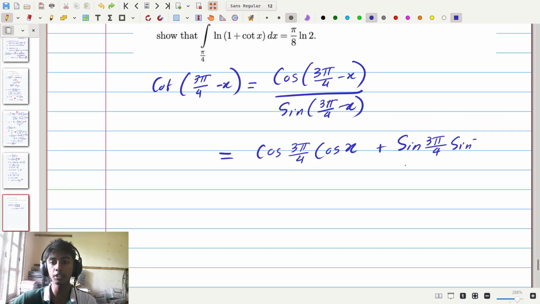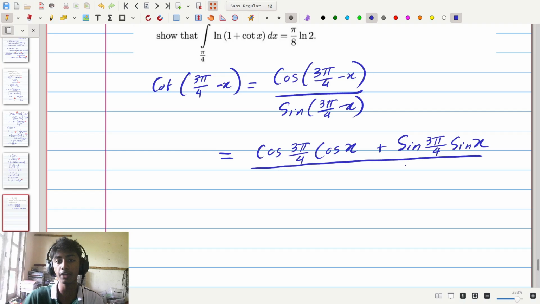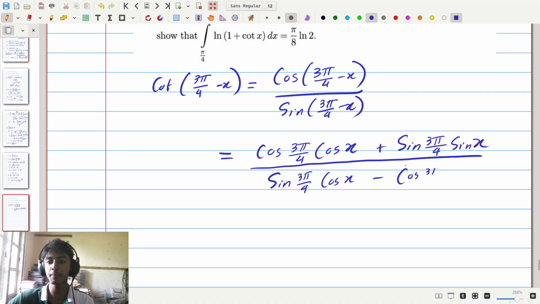Now similarly, on the denominator, we have sine of 3 pi by 4 minus x, which can be written as sine of 3 pi by 4 times the cosine of x minus the cosine of 3 pi by 4 times the sine of x, as sine of a minus b is equal to sine a cos b minus cos a sine b. So now we have this.